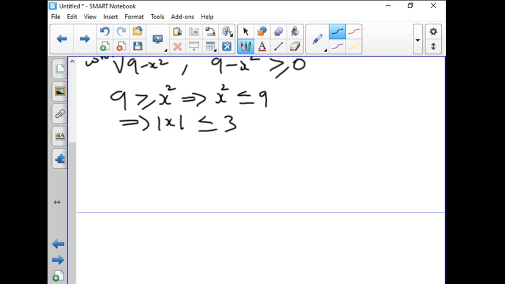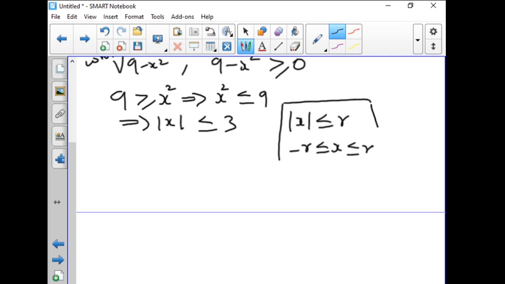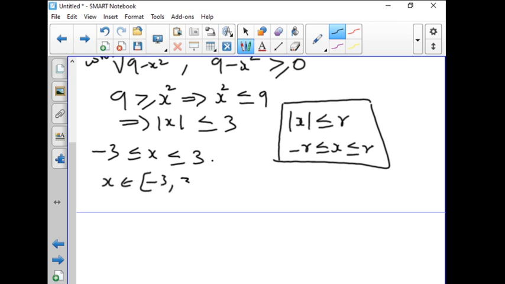We know that when modulus of x is less than or equal to r, minus r is less than or equal to x less than or equal to r. We studied this in plus 1. So how do you write this? Minus 3 less than or equal to x less than or equal to 3. So this is the domain. So x belongs to minus 3 comma 3.